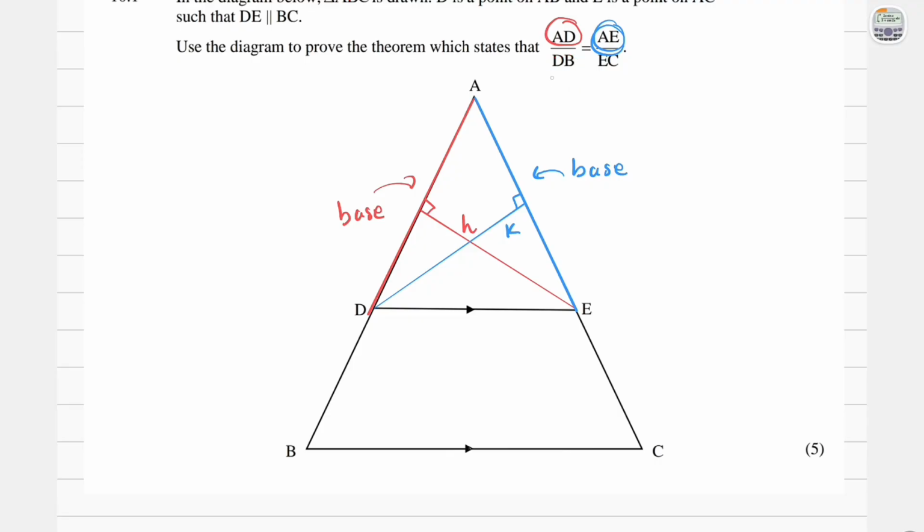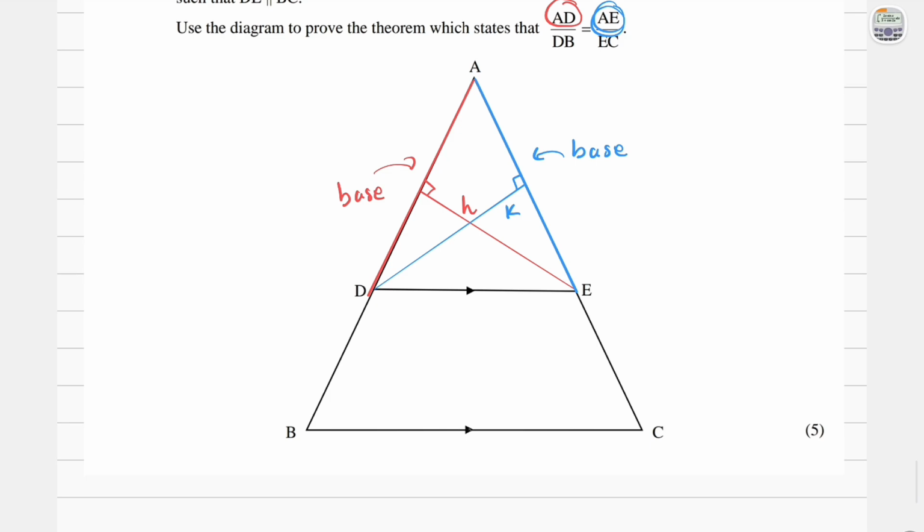Now, how do we include DB and EC? We can do that by forming triangles that will have these as bases. So for DB to be the base of a triangle, this is how we can do this. DB can be the base of a triangle if we join B and E together.